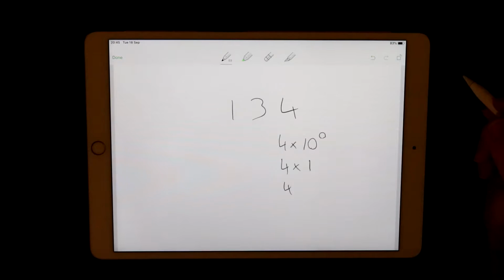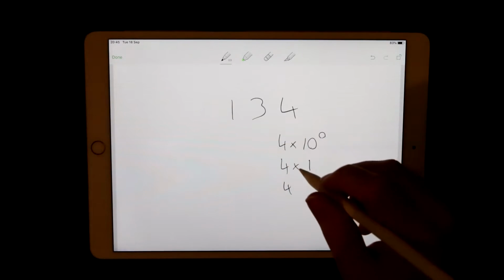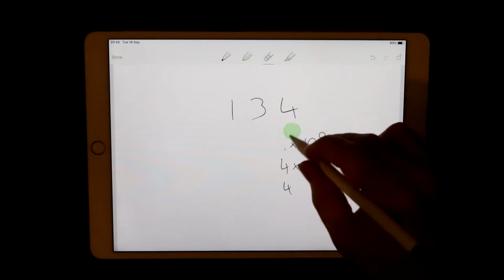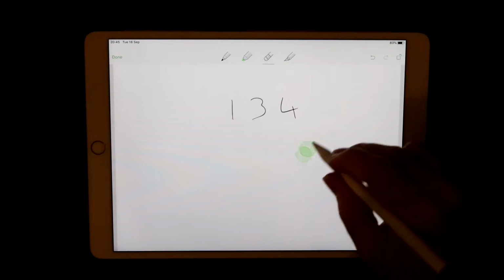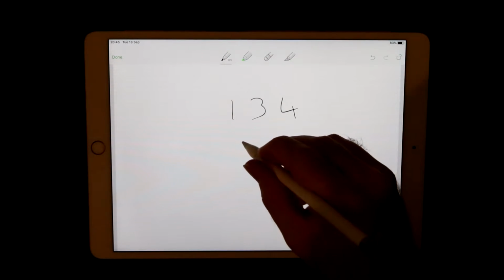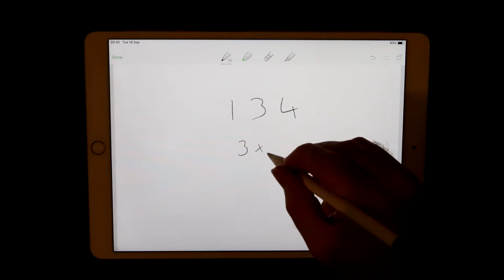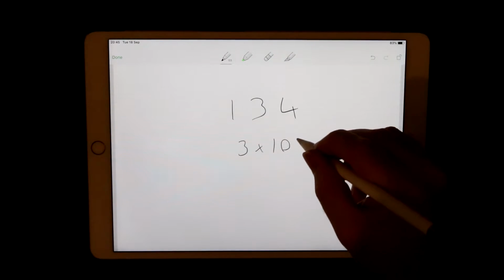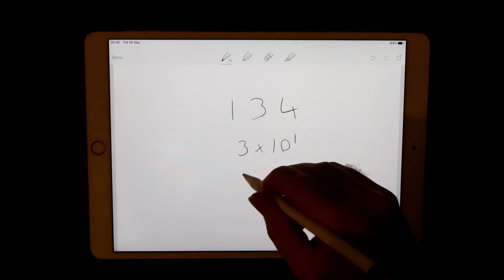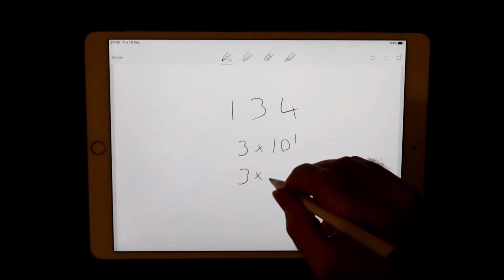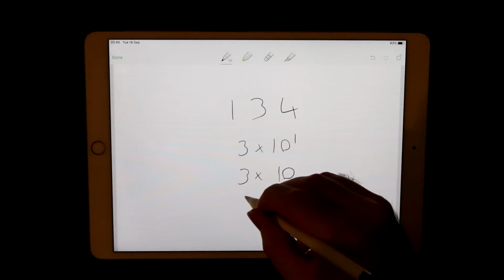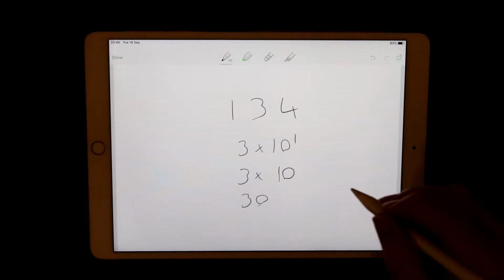Now with the 3, what we have is the 3 multiplied by 10 to the power of 1, or 3 multiplied by 10, or 30.